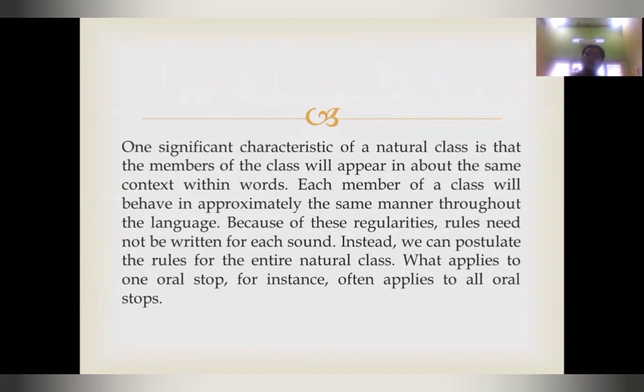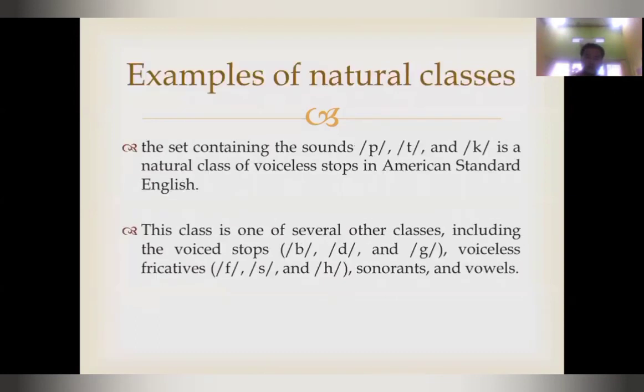Each member of a class will behave in approximately the same manner throughout the language. Because of these regularities, rules need not be written for each sound. Instead, we can postulate the rules for the entire natural class. What applies to one oral stop, for instance, often applies to all oral stops.